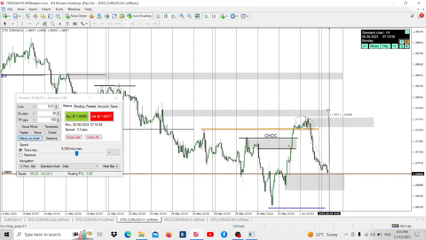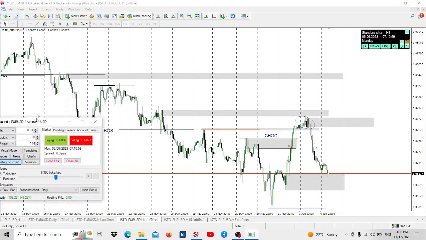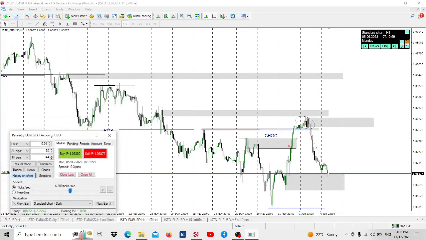Looking for areas to take, which was here, is 144 pips. Let's see if it goes in our direction.